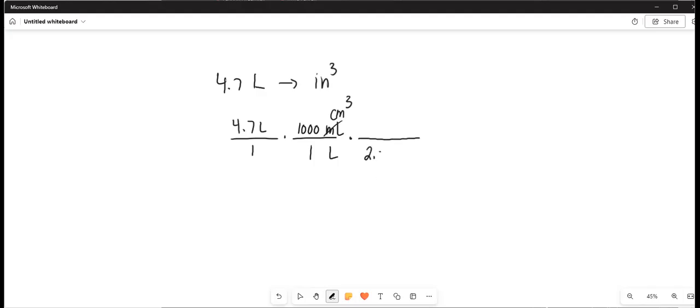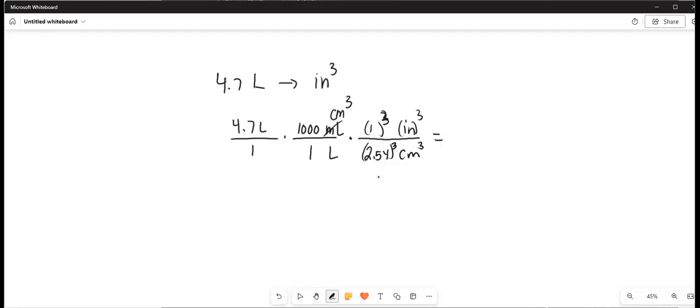And we're going to do 2.54 centimeters cubed to 1 inch cubed.